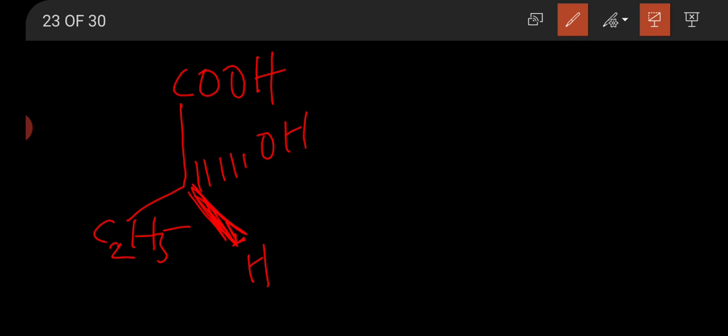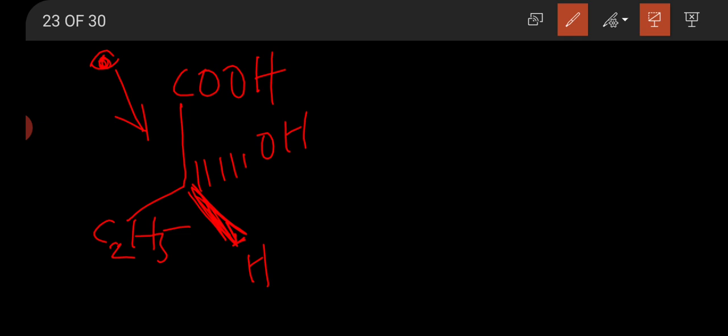Therefore, the observer will watch from this side so that the hydrogen, the fourth priority, is at the back to the observer. Observer is watching from this angle. Okay, therefore, to the observer the hydrogen is backside.